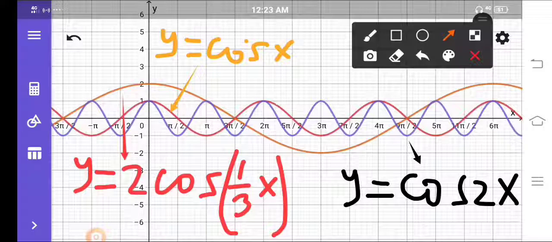Then if b is greater than 1, the graph tends to shrink horizontally. Then if b is between 0 and 1, the graph tends to stretch horizontally.